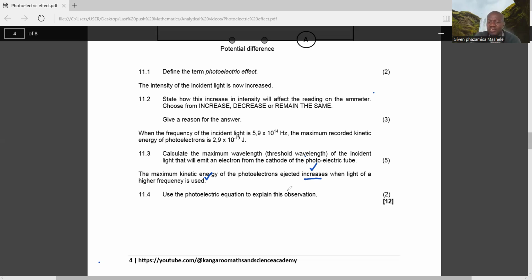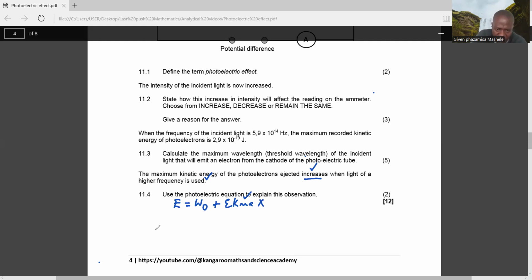Use the photoelectric equation to explain this. Listen, guys. According to the photoelectric effect, we know that energy of photon equals the work function plus the EK maximum. Now we want to know, when this EK maximum increases, it increases when light of higher frequency is used.